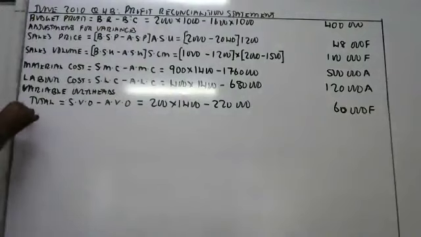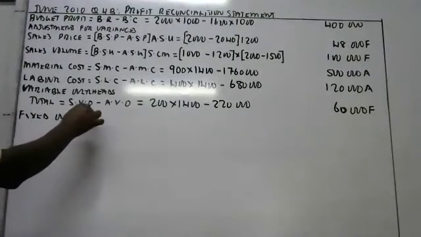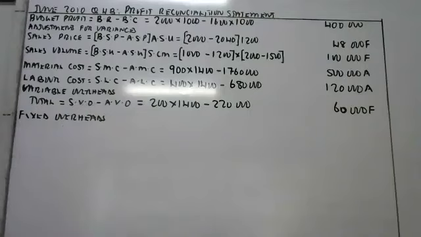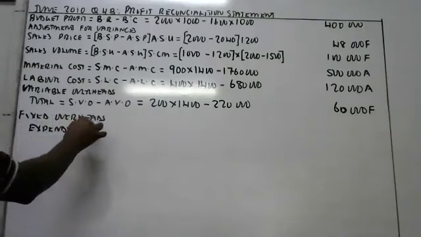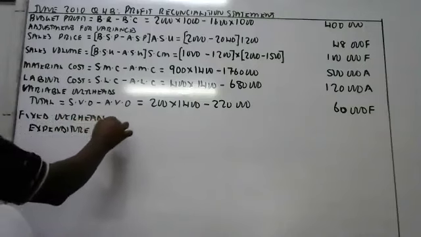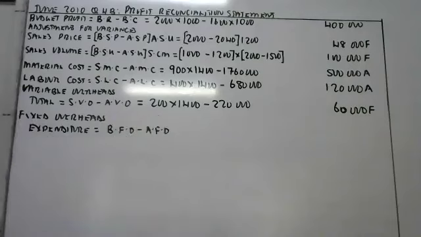Let's go to fixed overheads. Fixed overheads, we first of all compute the expenditure. The expenditure is given as budget fixed overheads minus actual fixed overheads.